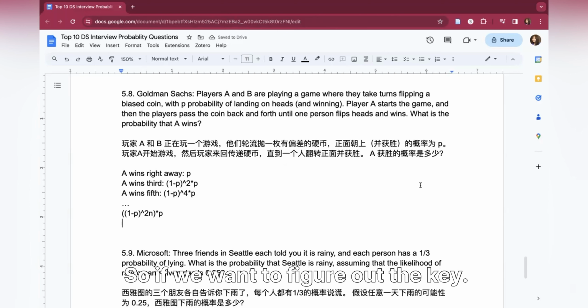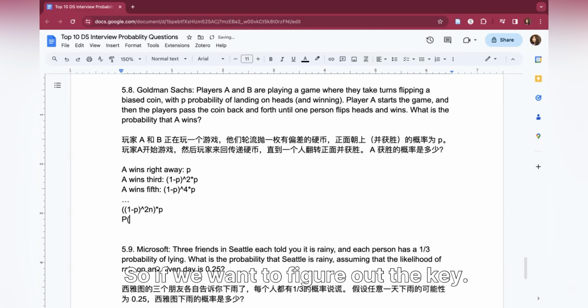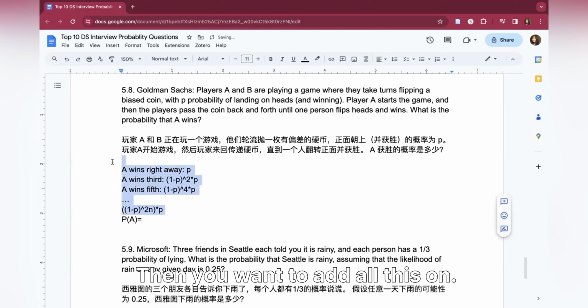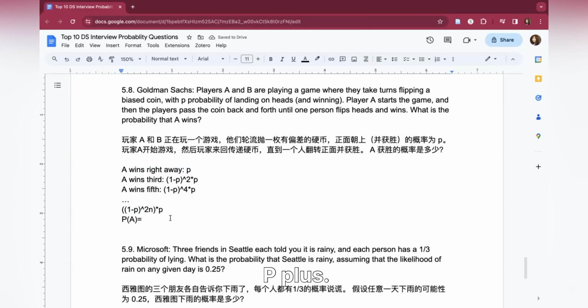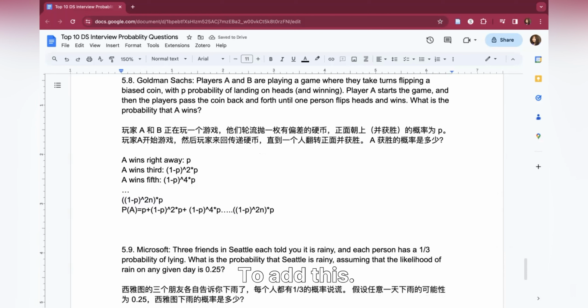So if we want to figure out the P(A), then you want to add all this up: P plus this plus this, and more, to infinity.